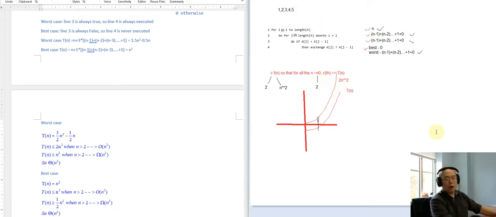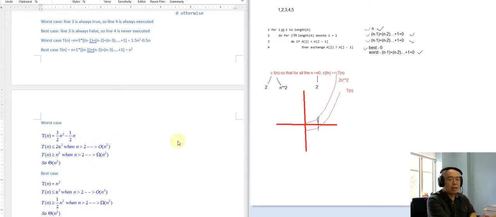Okay, so after doing so, I have already found a c·f(n) such that when n is higher than n0, c·f(n) is always higher than T(n). So this proves that this T(n) is O(n squared). Okay, so this only touched the O(n squared) part.